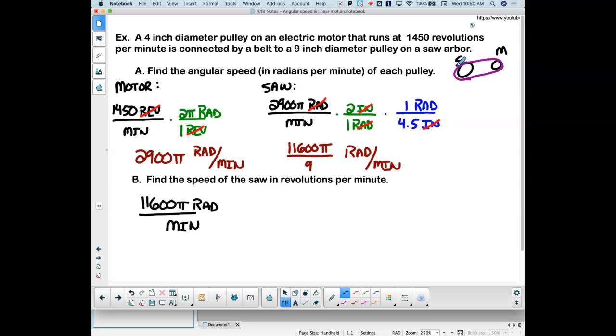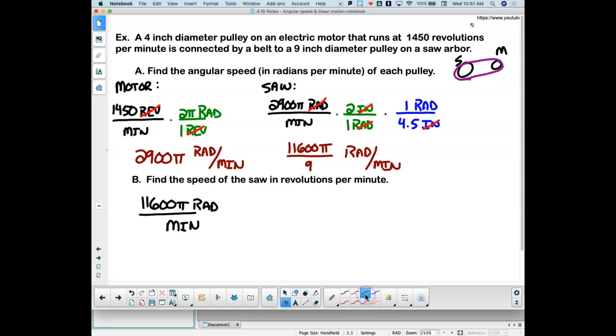So do we agree, Mad Dog, that this is the angular speed of the saw? Now I need that in revolutions.